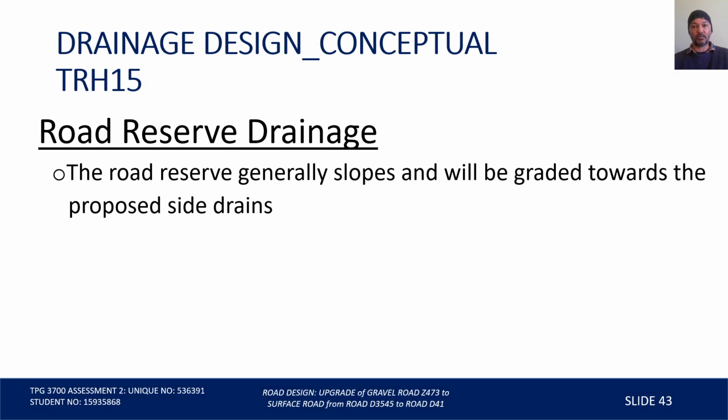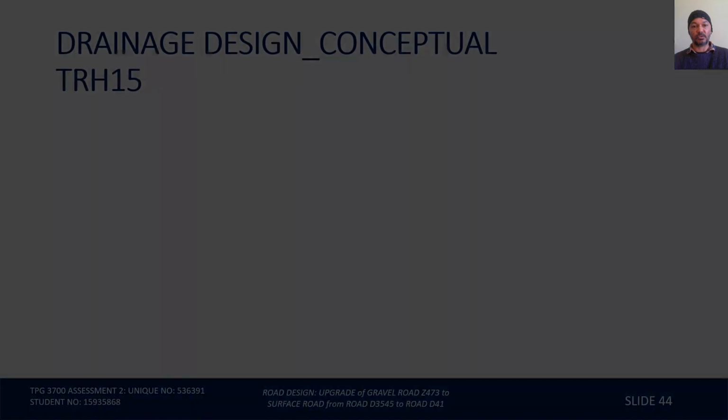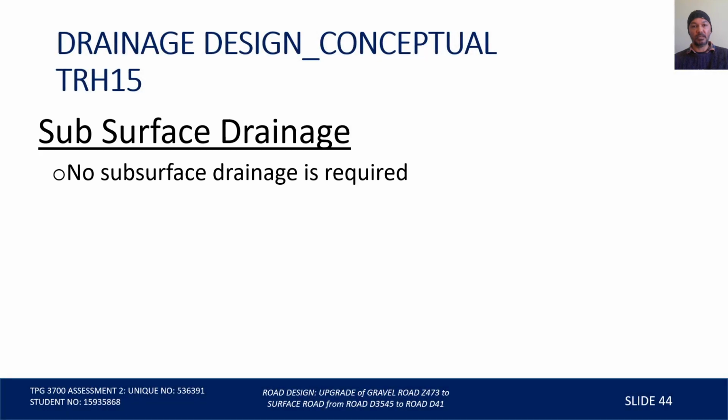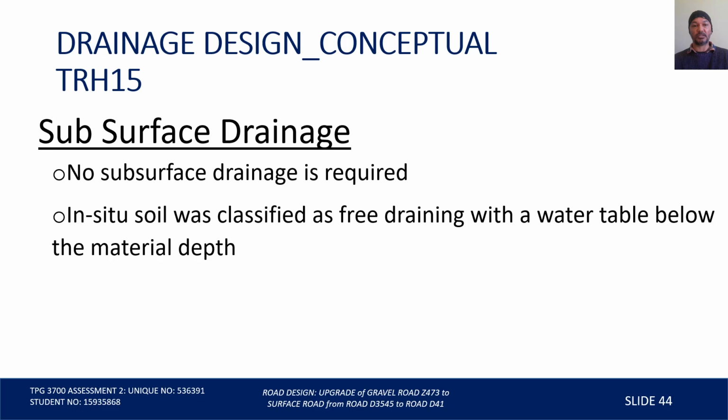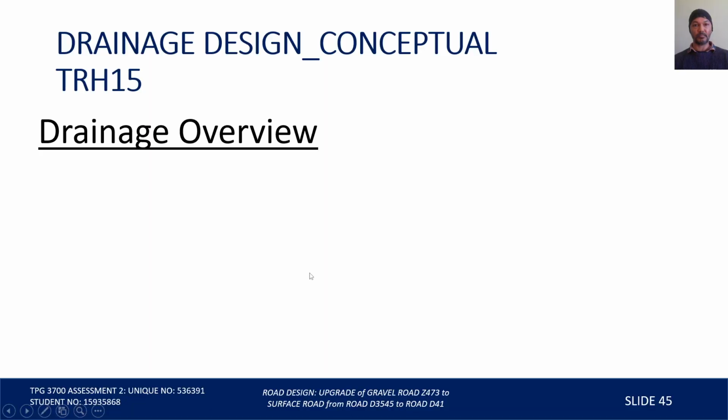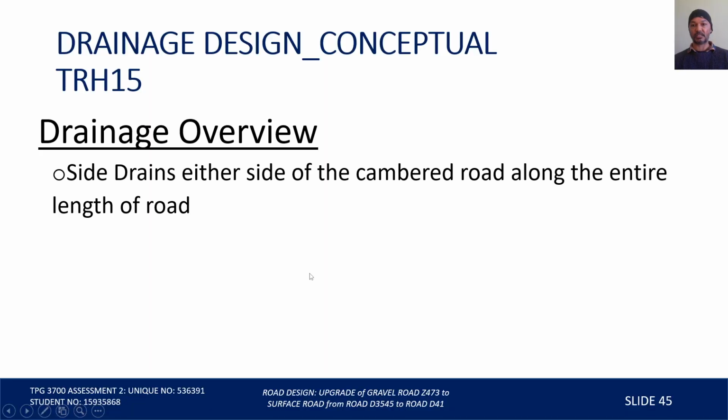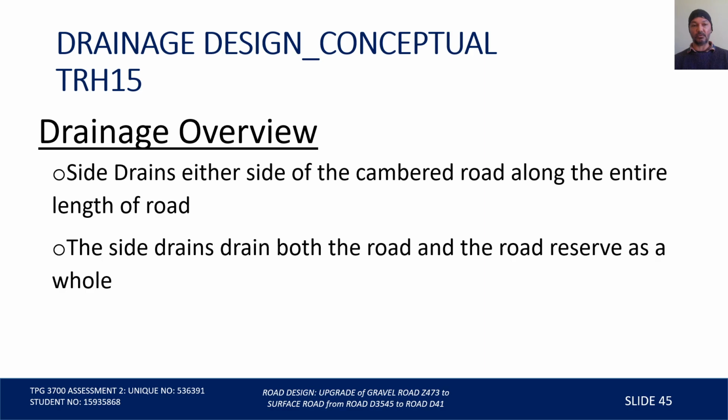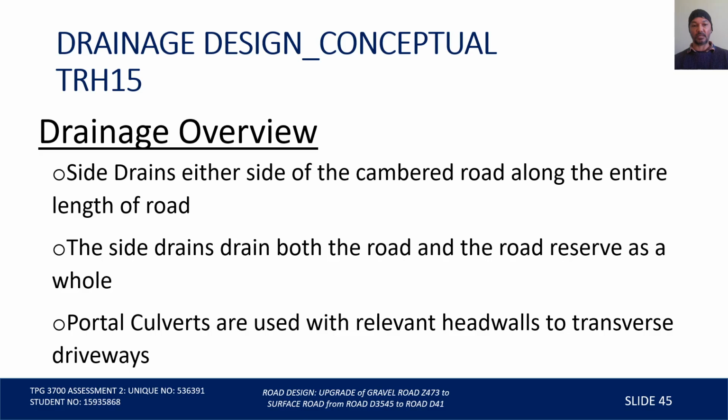The road reserve also slopes towards the side drains, which would ultimately drain the road reserve. No subsurface drainage is required because the in-situ soil was classified as free draining with a water table below the material depth. So, overview: side drains on either side of the cambered road will drain the road itself, as well as the road reserve.